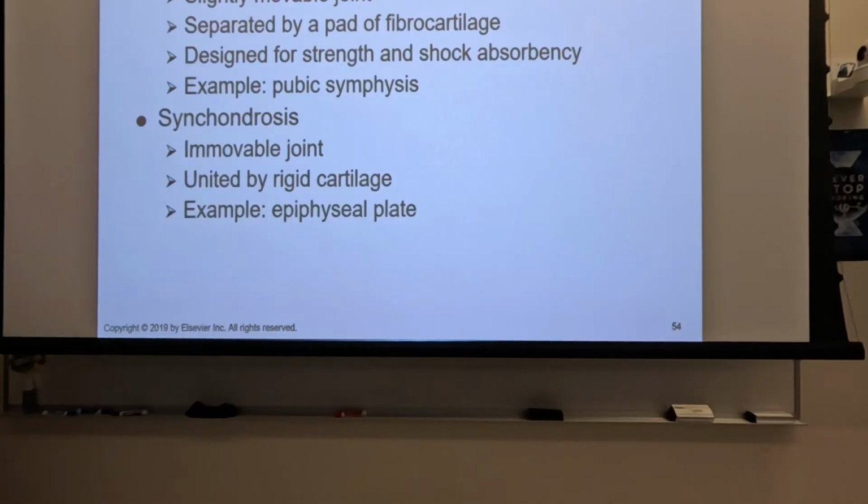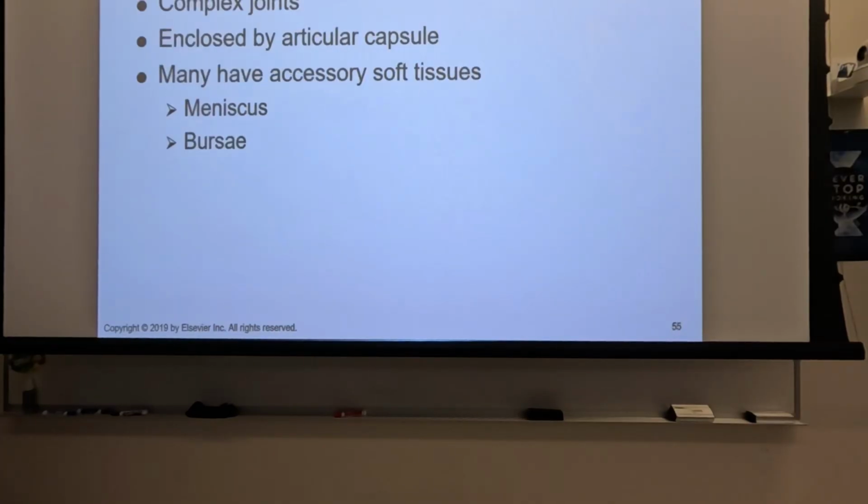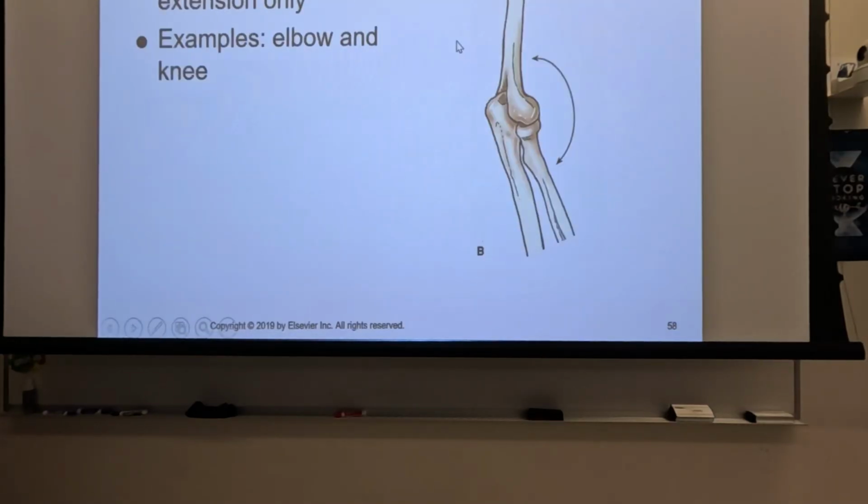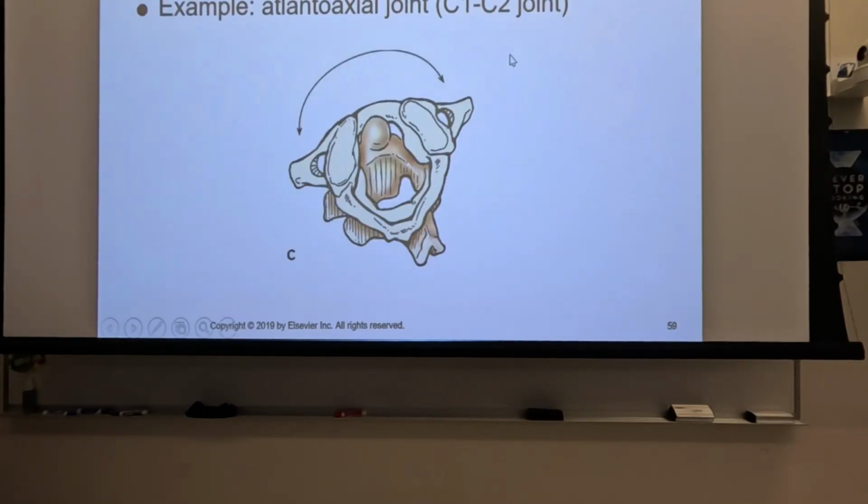So I'm going to make sure there's nothing else in here that I really need to stress. 6 types we're not going to go through. Ball and socket we're going to talk about. Pivot joints we're going to talk about. But we'll talk about those as we get to them. Hinge joint, you know, is pretty obvious. If it flexes and extends like the knee, then we've got a hinge joint.